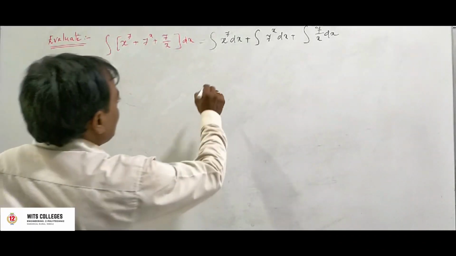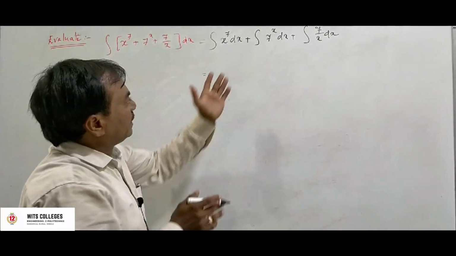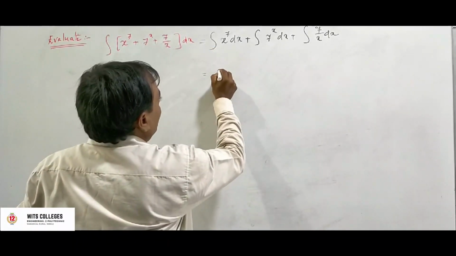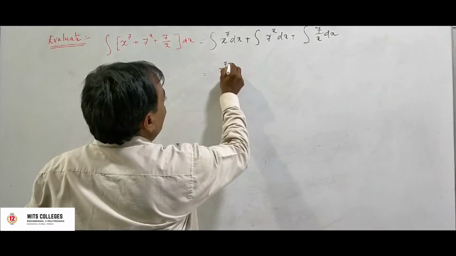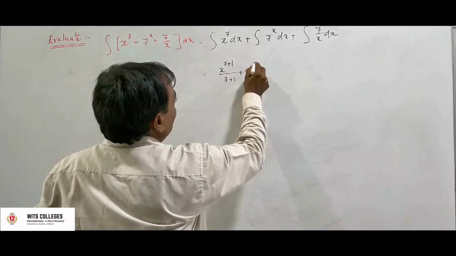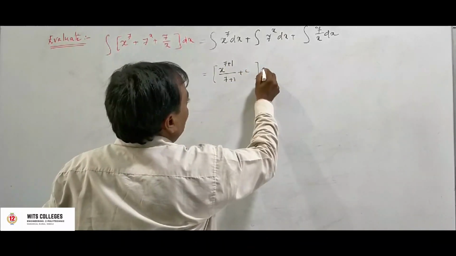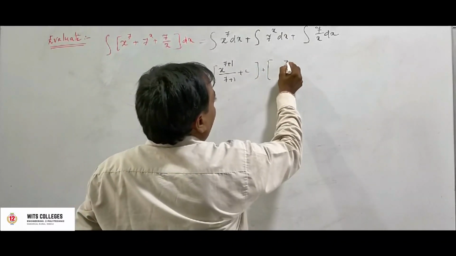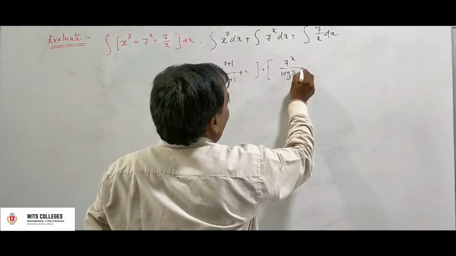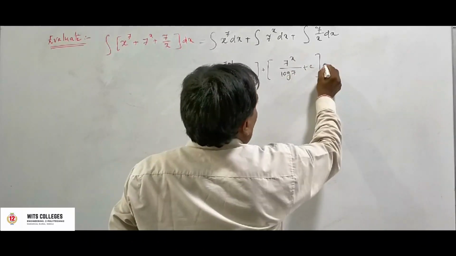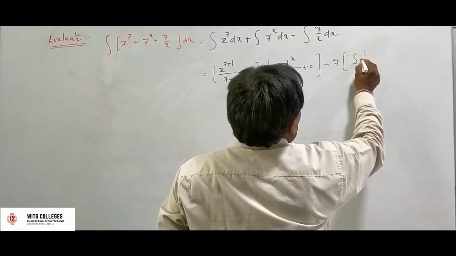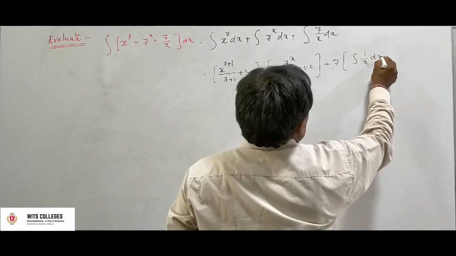Okay, now this is equal to, I am writing directly these values. So this is x to the power of 7 plus 1 by 7 plus 1 plus c, this value, and coming to this value, 7 power x by log 7 plus c, and coming to this value, 7 times integral of 1 by x dx.